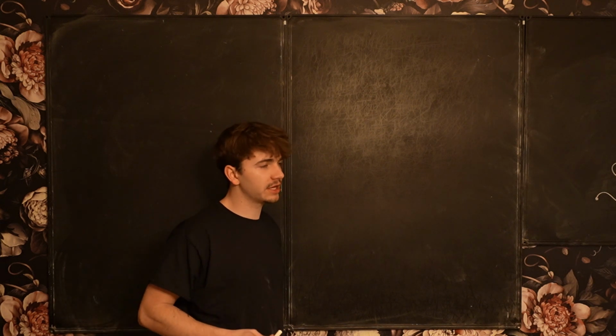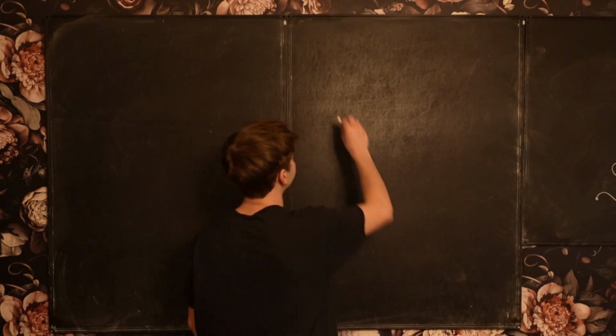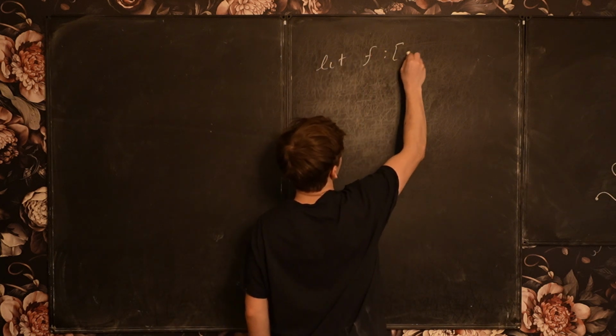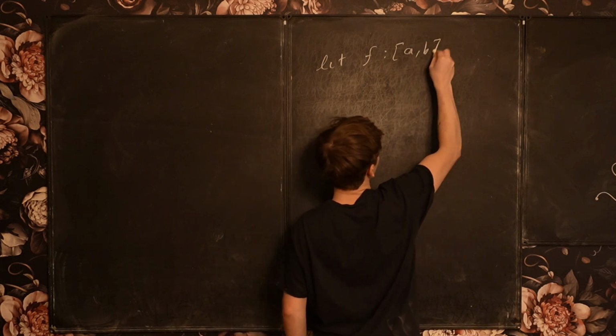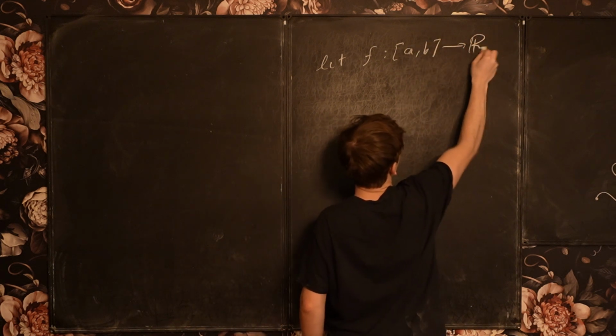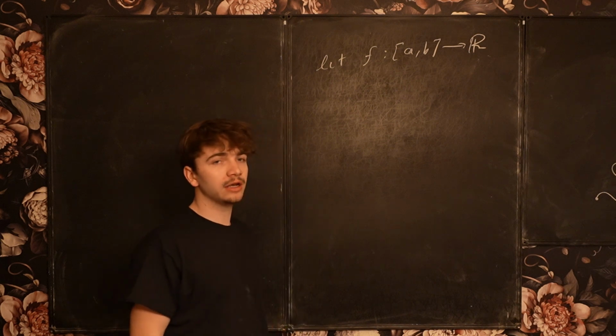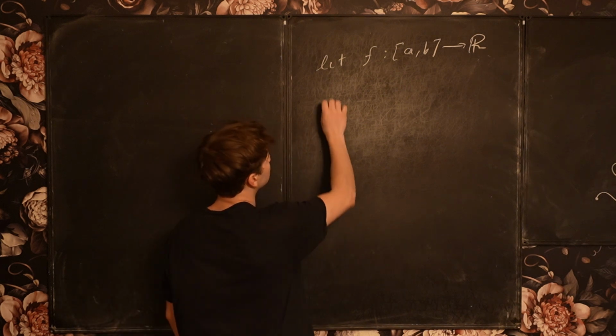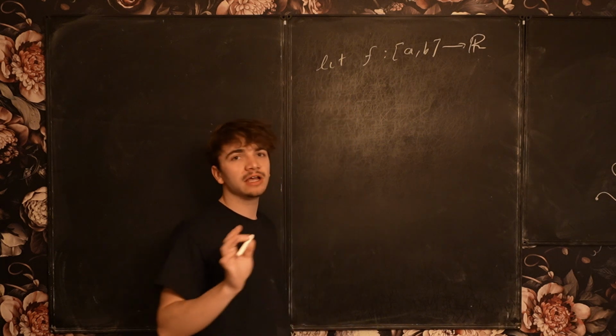So let's begin with the calculus notion of curvature. If I let f be a function from some interval ab into the real numbers, then I can understand the curvature of the graph of f based on the second derivative.